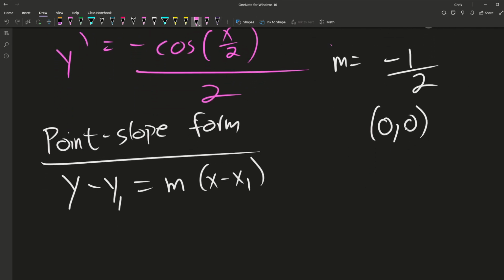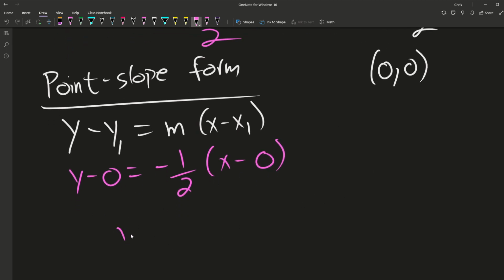And in this case, this is y minus 0 equals negative 1/2 times x minus 0. So y equals negative 1/2 x. And this is the equation of my tangent line.